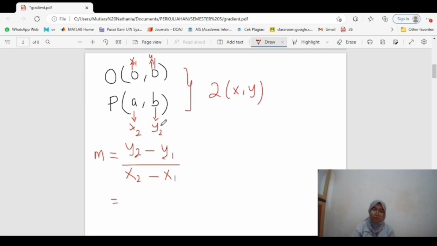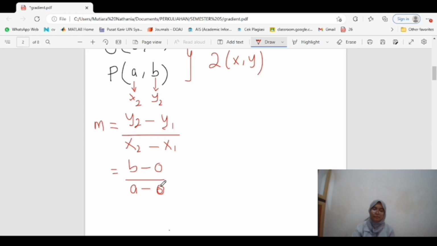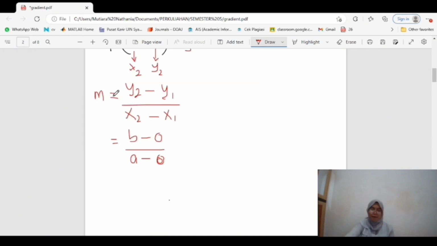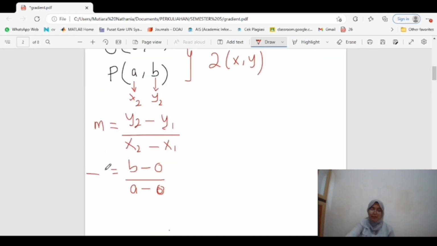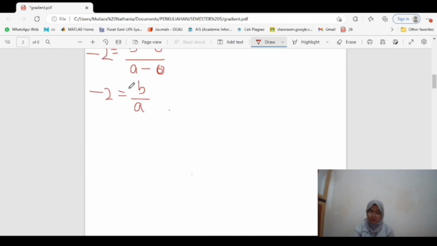So y2 is b minus 0, divided by x2 which is a minus 0. The gradient of OP is negative 2, so negative 2 equals b minus 0, which becomes b, divided by a minus 0, which becomes a. Negative 2 divided by 1 equals b divided by a.